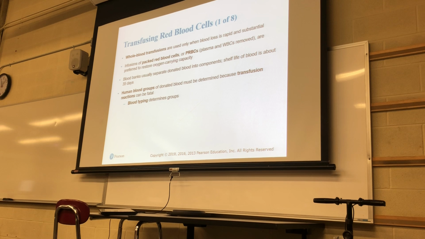Whole blood transfusion. Whole blood means you're giving everything. The packed cells, plasma, everything. So here, plasma are removed. Depending on what you're giving, when you're taking everything, they're taking cells, plasma, and platelets.